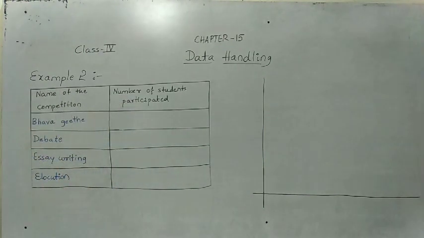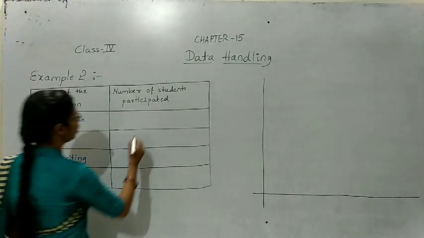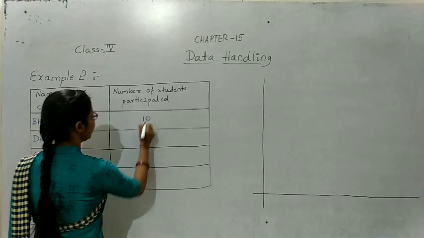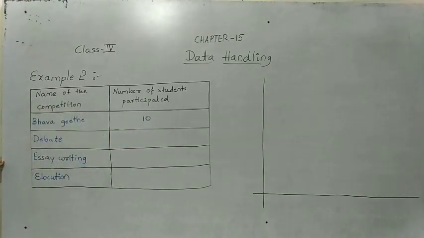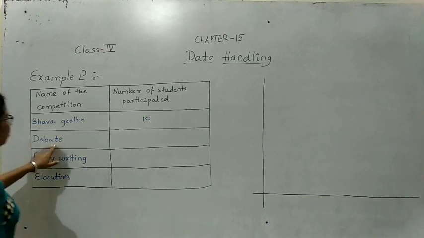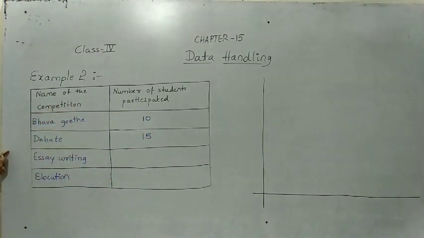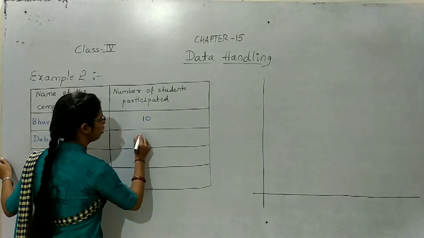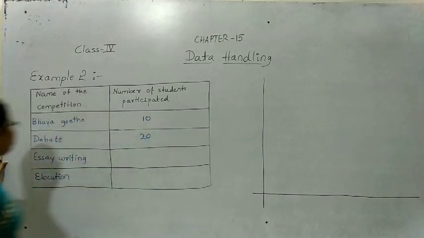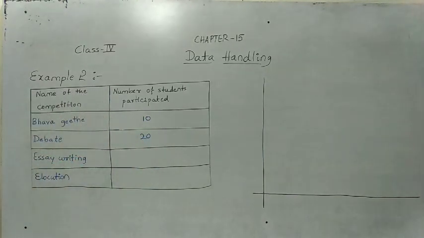So now see the number of students participated. Bhavagite, how many members? 10 members. Bhavagite 10. And debate, the number of students participated in the debate, sorry, that is not 15, it is 20.